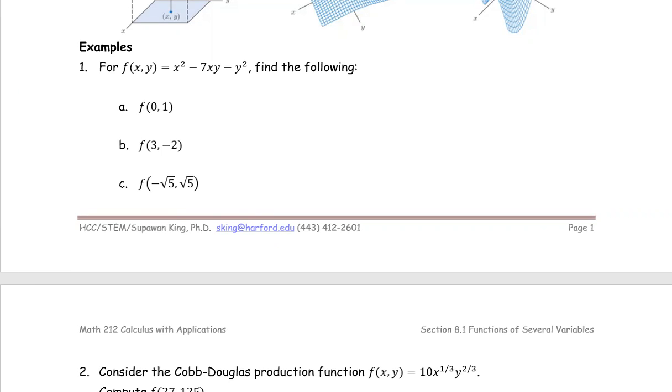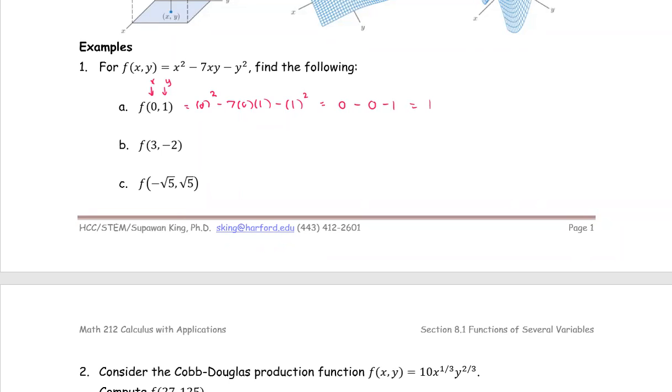You see the format: the first coordinate is x, the second coordinate is y. So we replace x with 0 and replace y with 1. That's all you have to do, and then simplify the numbers. We have 0 minus 1, so the number is negative 1.